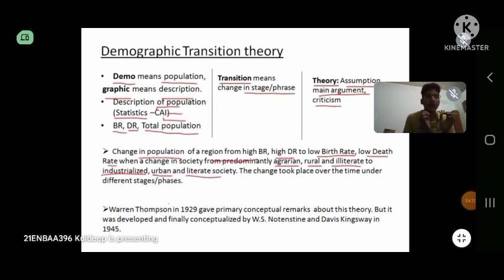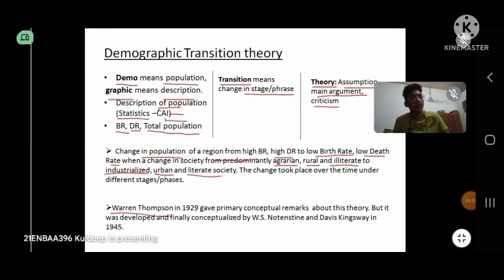Now let's see the scholars behind this concept, who put forward and discovered it. Some credit is given to Warren Thompson, as in 1929 he for the first time gave some primary conceptual remarks.